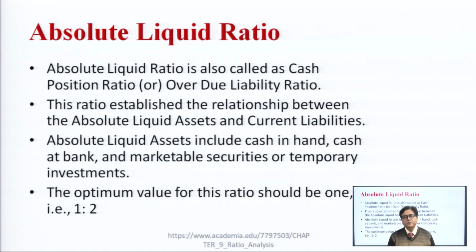We use it because current assets have lots of things which are not transformed properly into cash very quickly. Therefore, we include only cash in hand, cash at bank, marketable securities and temporary investments.